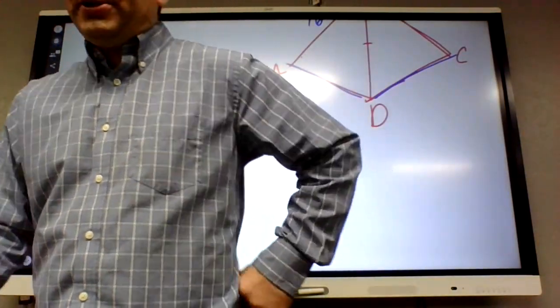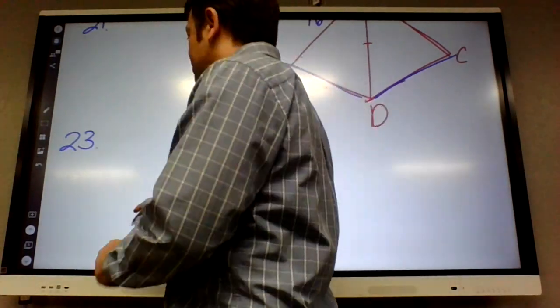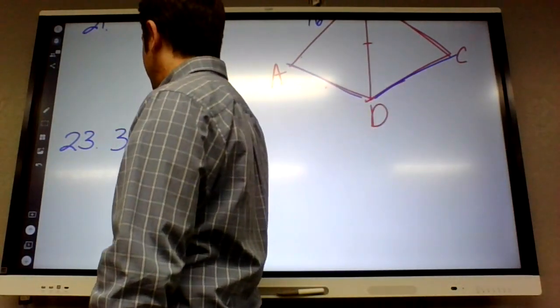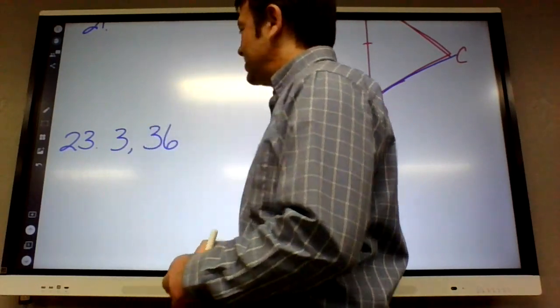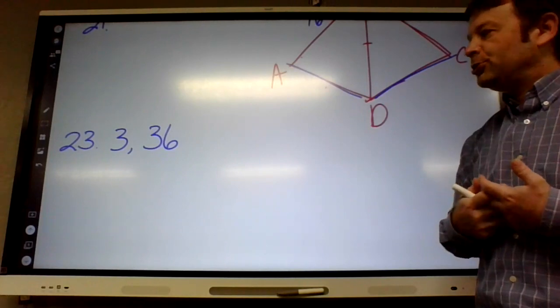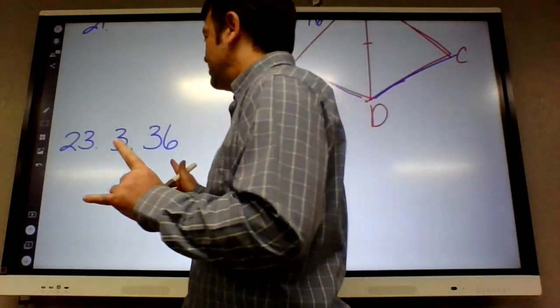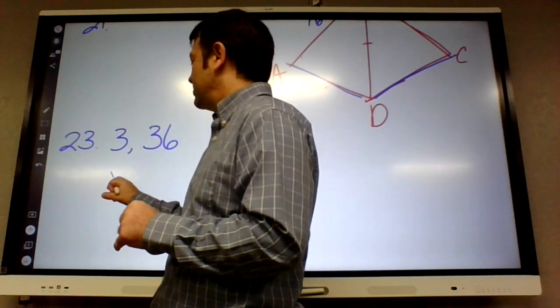Okay, on 23, it's basically saying that we have two sides of a triangle, 3 and 36, and what is the range of possible lengths that the third side could be? Well, you guys know what the third side could be?